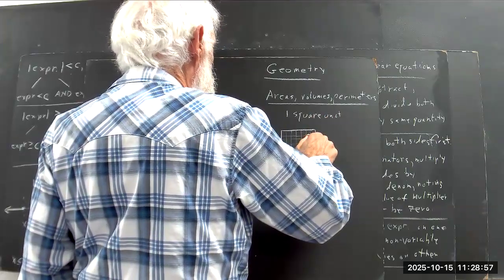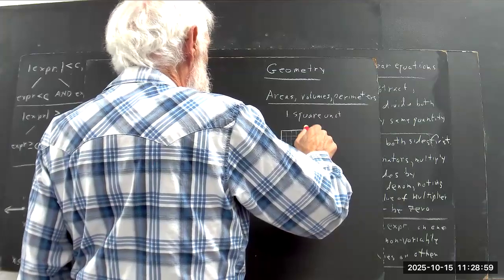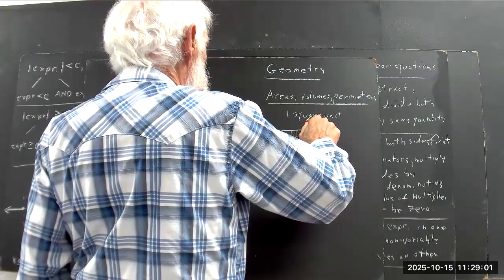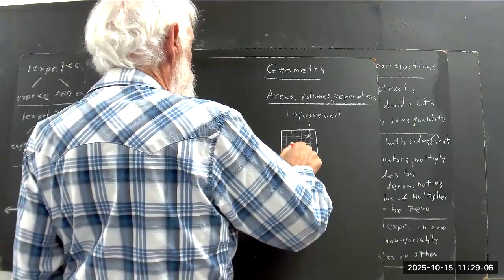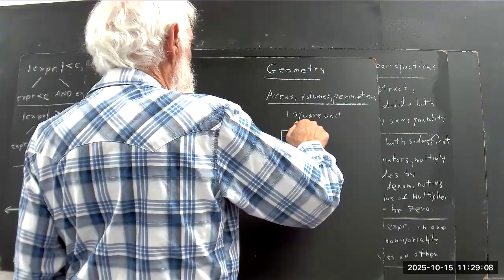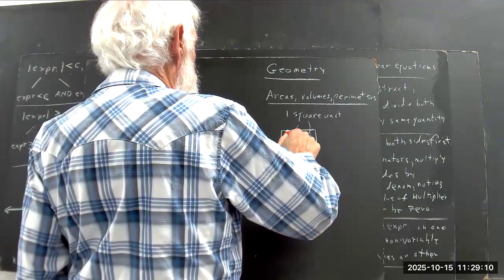So that, for example, pick any one. I'll shade this one here. This is one square unit. This one over here is one square unit.